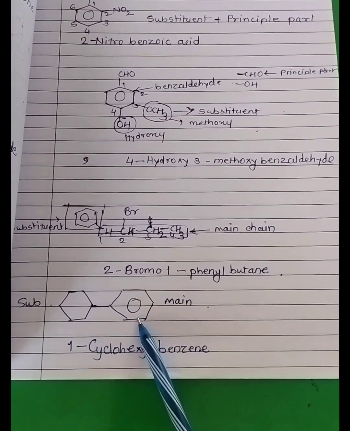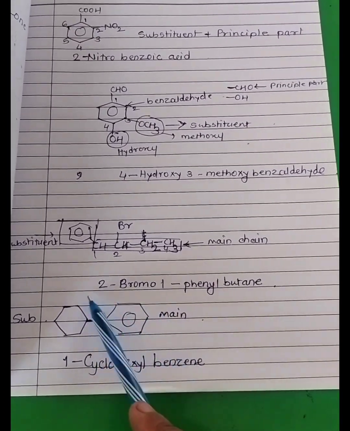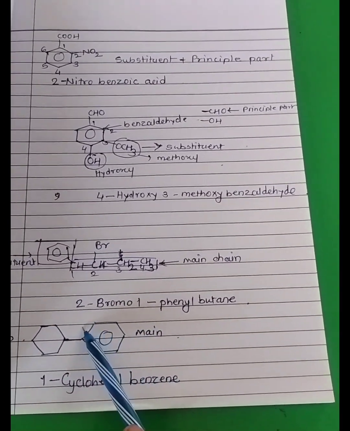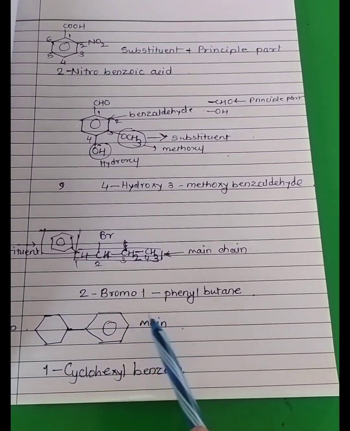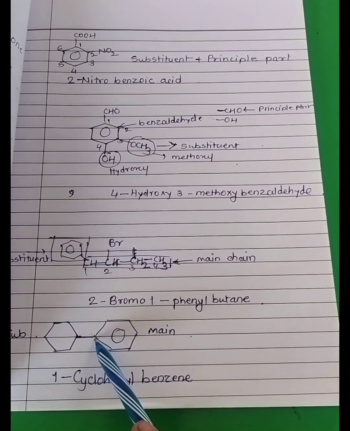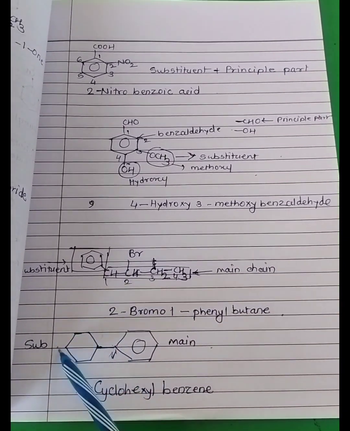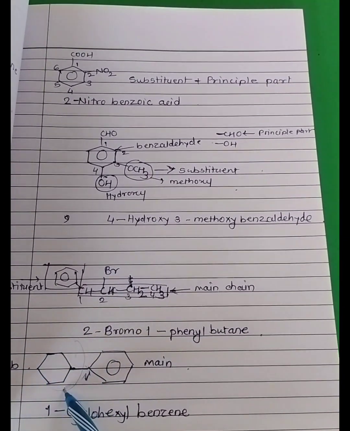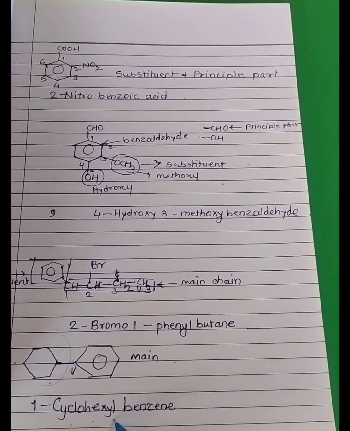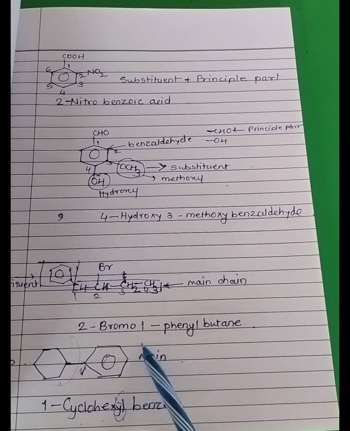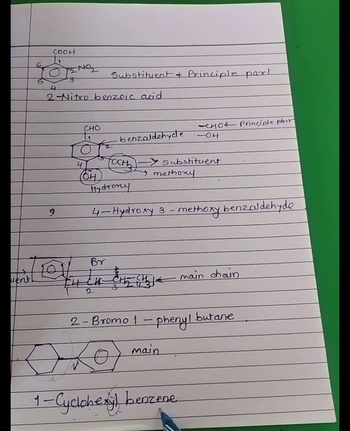And in the next example, this is the substituent and the benzene ring is considered the main chain. In the first position a cyclic ring is attached, there are a total of 6 carbons, so a cyclohexyl substituent, and here benzene, so cyclohexylbenzene.